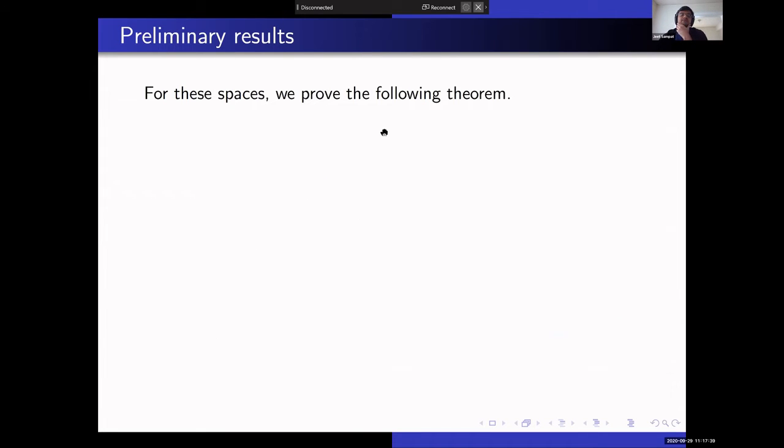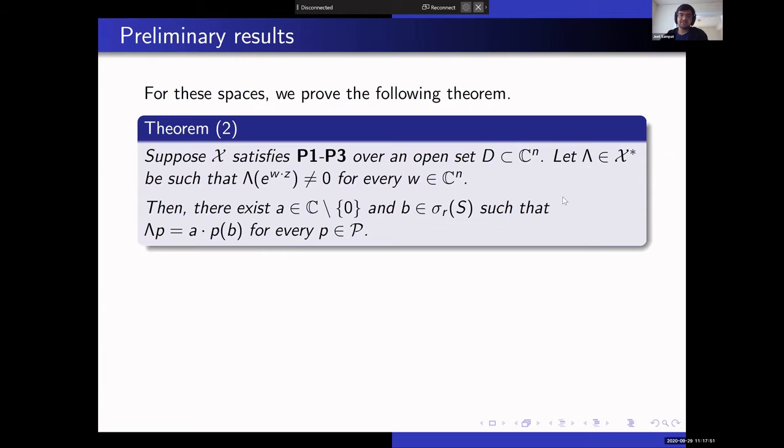So the main preliminary result we get for these spaces is about the action of a certain type of linear functionals. What do I mean by that? So let's say I take my space X that satisfies P1 to P3 over the open set D that I chose.